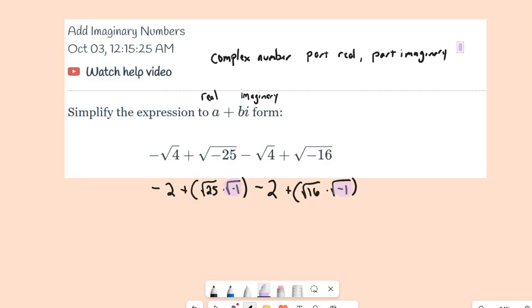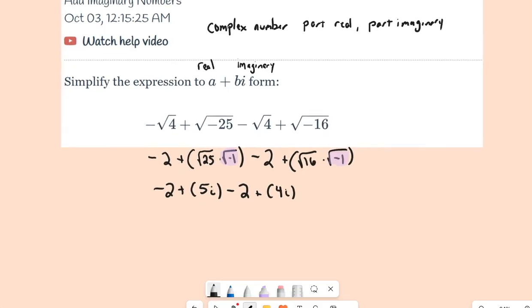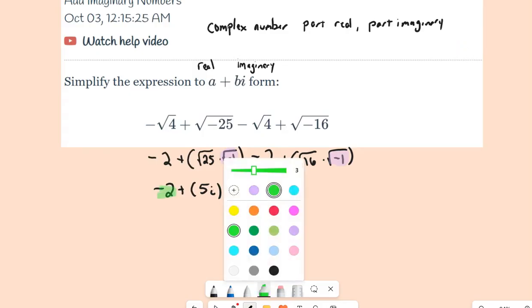Alright, so now what do we do? Well, now we've got negative 2. This is obviously 5, and we know that that's going to be i. Then we've got negative 2, and this time we've got 4 times i, because the square root of 16 is 4. Now we just have to combine our like terms. We've got negative 2 and negative 2, so our like terms are here.